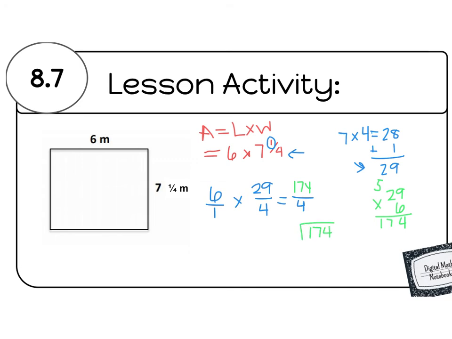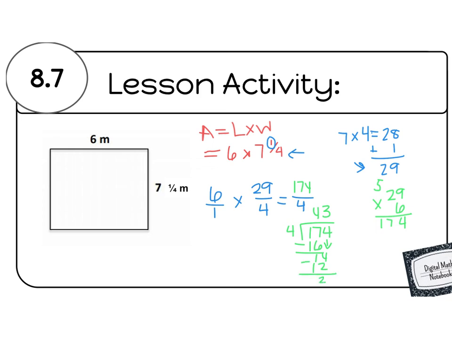174 divided by 4. 4 goes into 17 4 times, and 4 times 4 is 16. So we're left over with 1. Then we bring down the 4, and 4 goes into 14 3 times, which is 12, left over with 2.